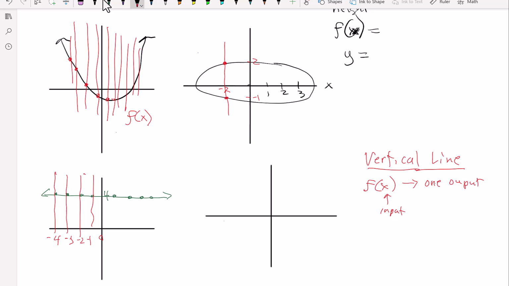Each of those inputs has only one output. -4 has the height of 4. -3 has the height of 4. So there can be repeating y values. There cannot be repeating x values. Each x value can only have one output.